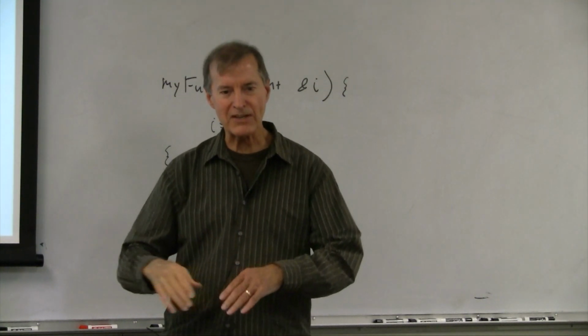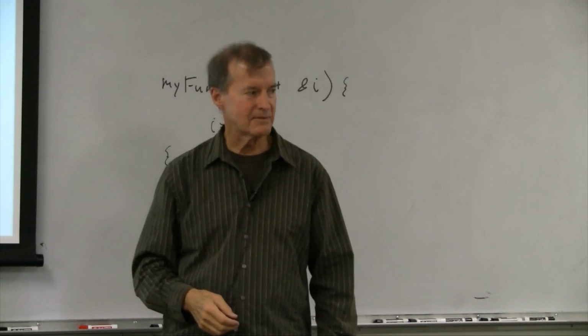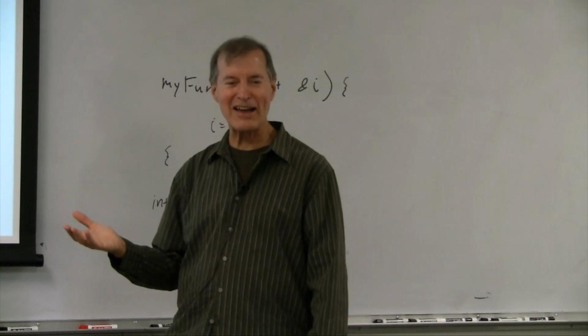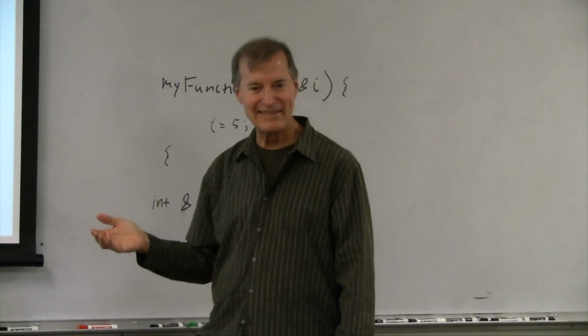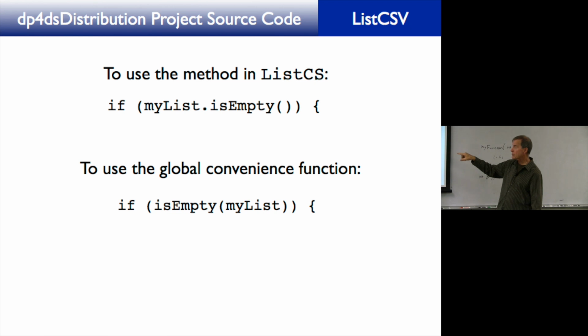Well, that procedure abstraction was just a function, not being a method. We've done objects for so long, we forgot that you can have a global function that's not a method. But see here, because it's not a method, you can't say my list dot is empty. You say if is empty my list, and is empty is that global function for convenience.